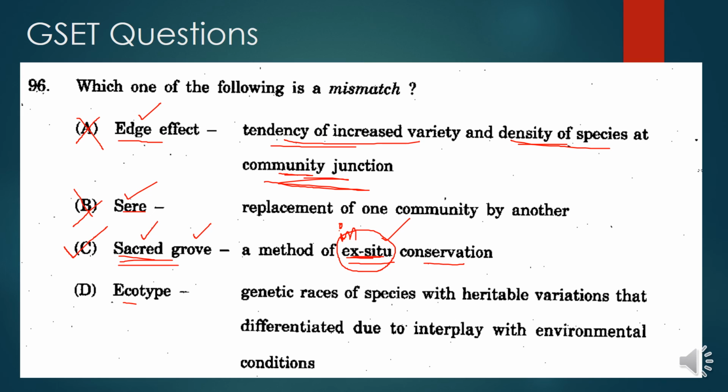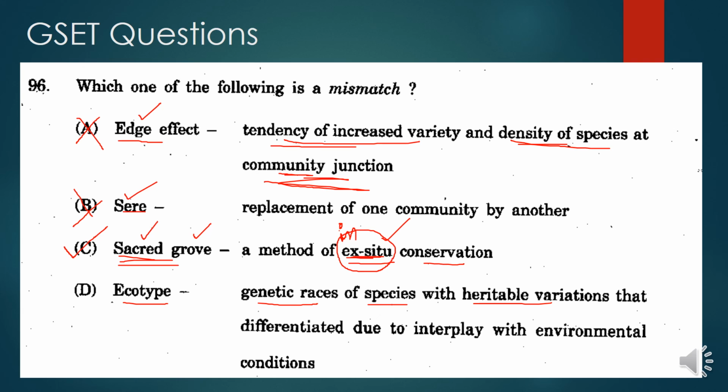Then at D we have ecotype. Ecotypes are genetic races of a species. They are not separate species, but genetic races within a species. They are not so genetically distinct that they would be considered a subspecies. But a certain amount of genetic difference is found, and that genetic difference is heritable.